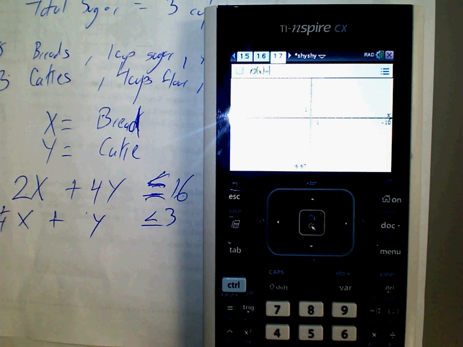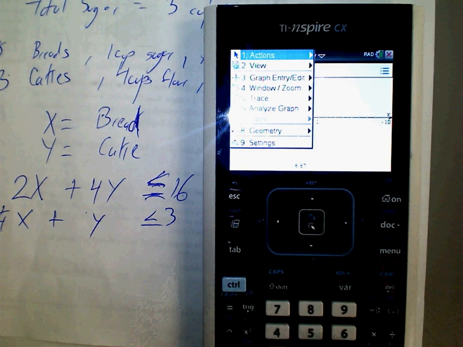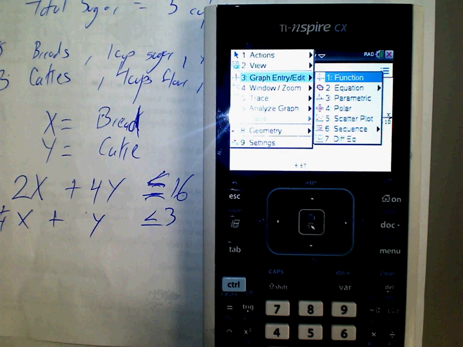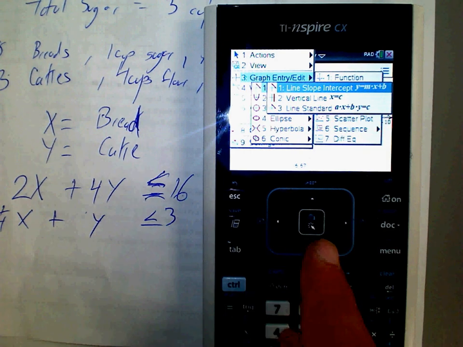So go to menu, graph entry, and let's do an equation of a line, and I'm going to cheat here. Guess what I'm about to do? Standard, number 3. I'm just going to keep it like it is, okay?